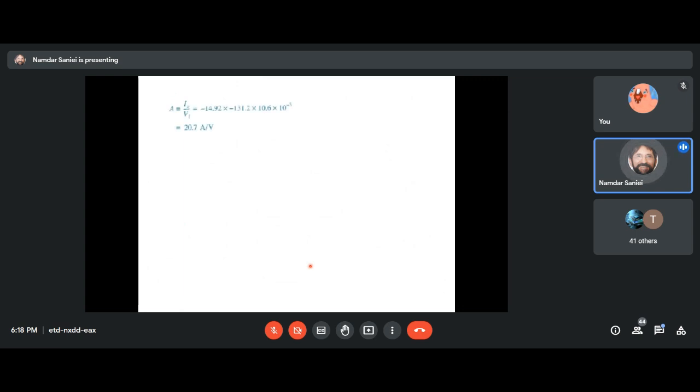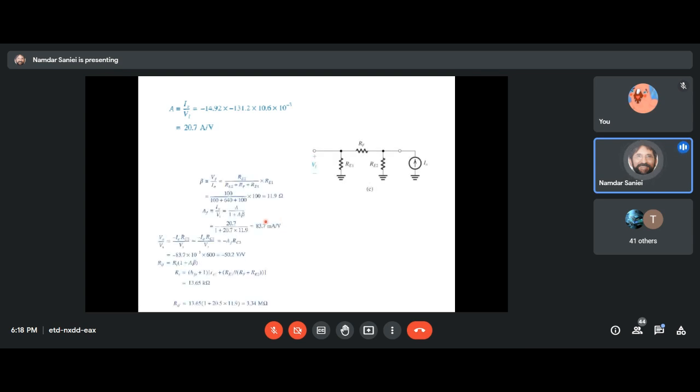So we calculated the gain, the transconductance gain of the newly formed amplifier. Then we had to determine the beta, and beta was determined by the voltage VF over IO.